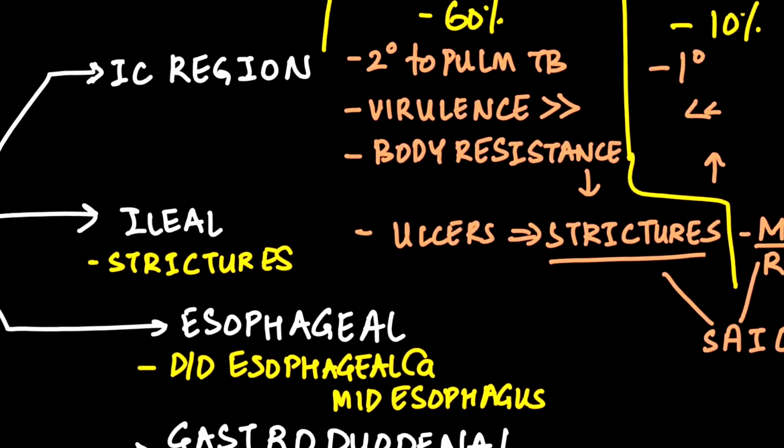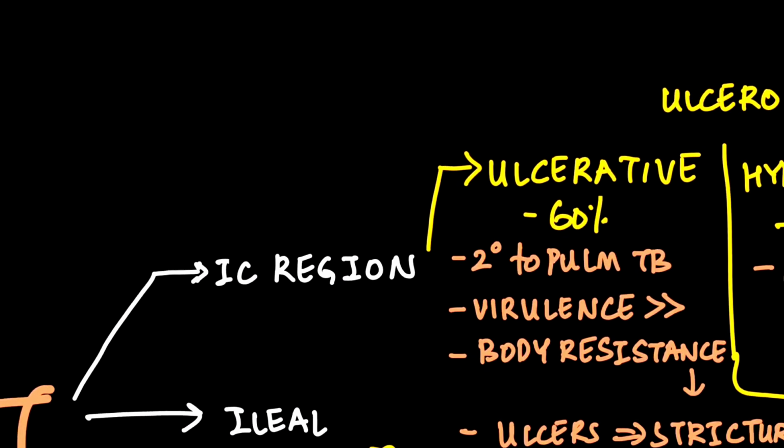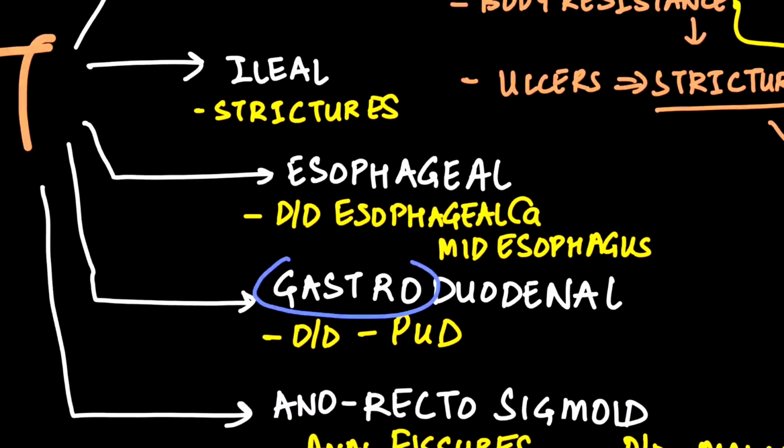So, amongst all the above gastrointestinal tract tuberculosis, the most common is the ileocecal region, and the least common is the gastric region.